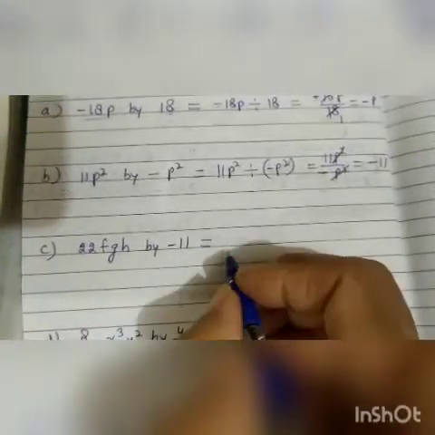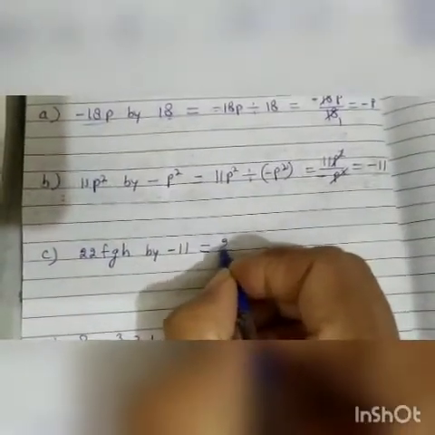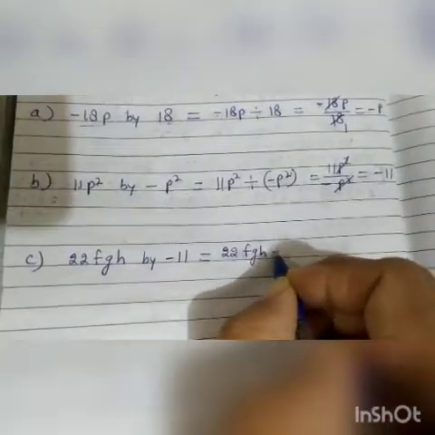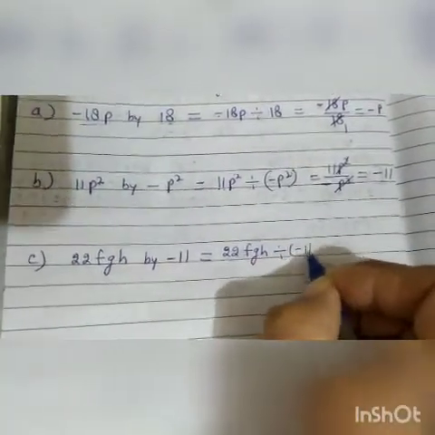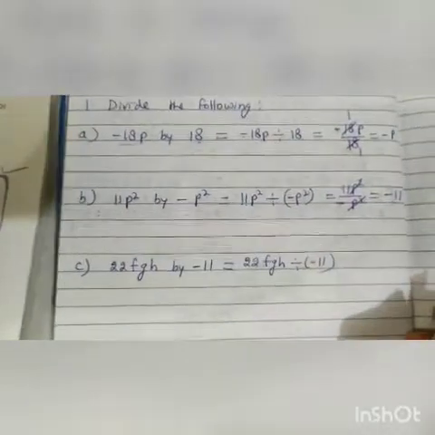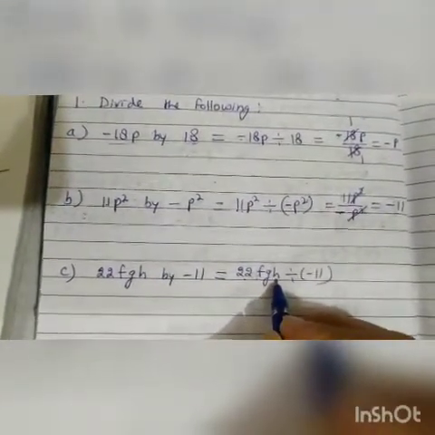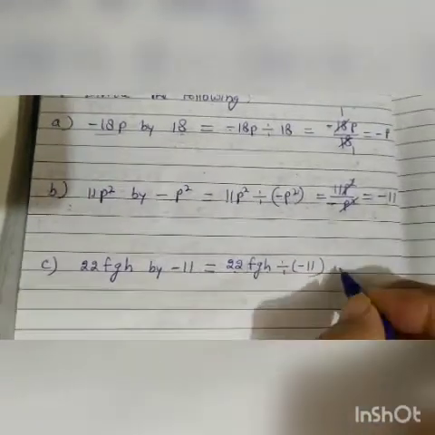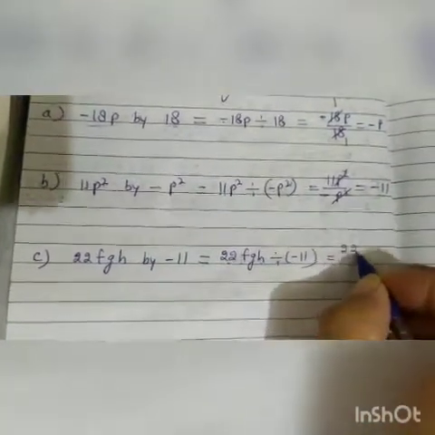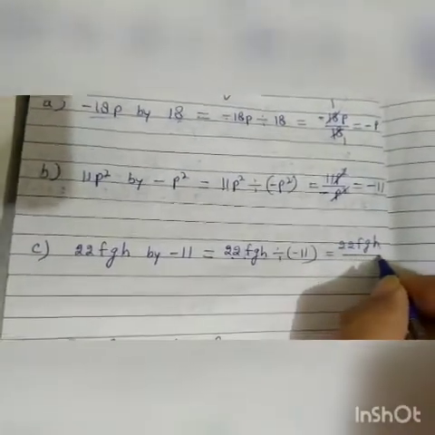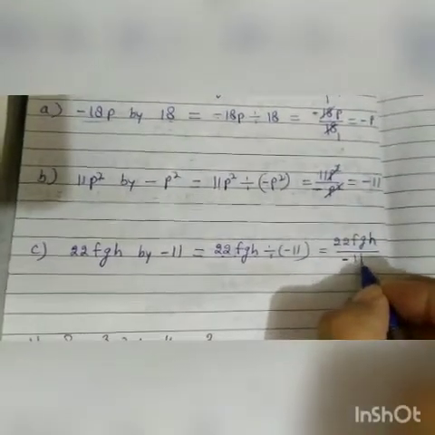Then C part. In C part we have to divide 22FGH by minus 11. We will write it 22FGH upon minus 11.